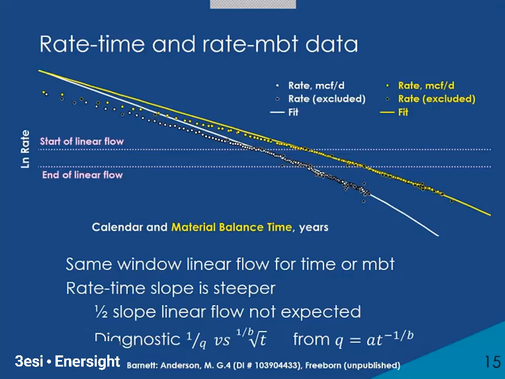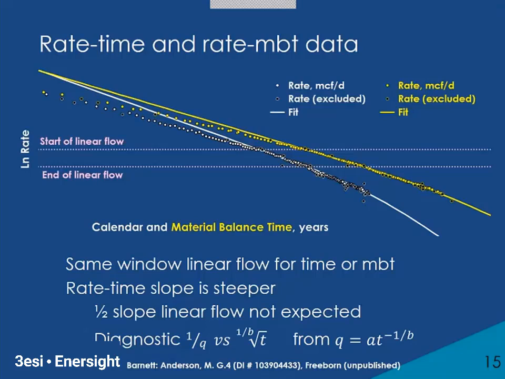So for all of you that use diagnostic plots of rate time to find where your linear flow period is, where your half slope is, you're probably making an error. Why does this happen? I don't know the answer to that, but from the data I've looked at, I think it's a multi-phase effect that's going on.